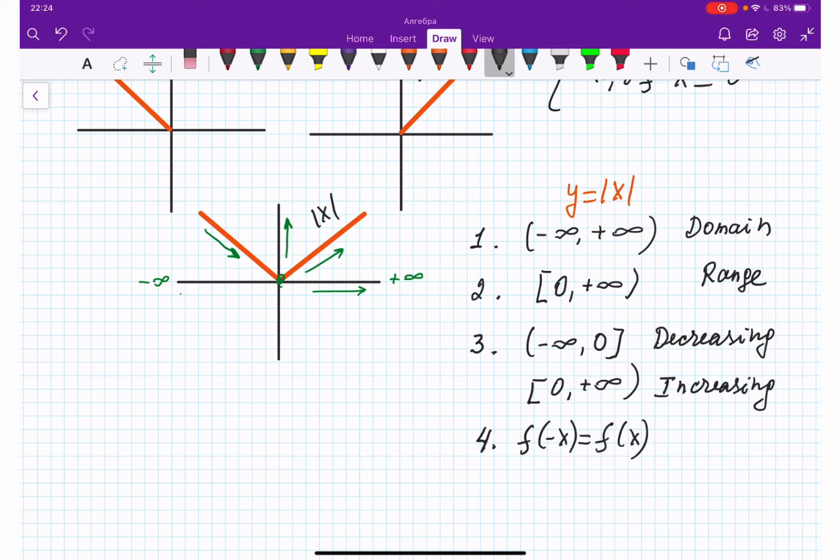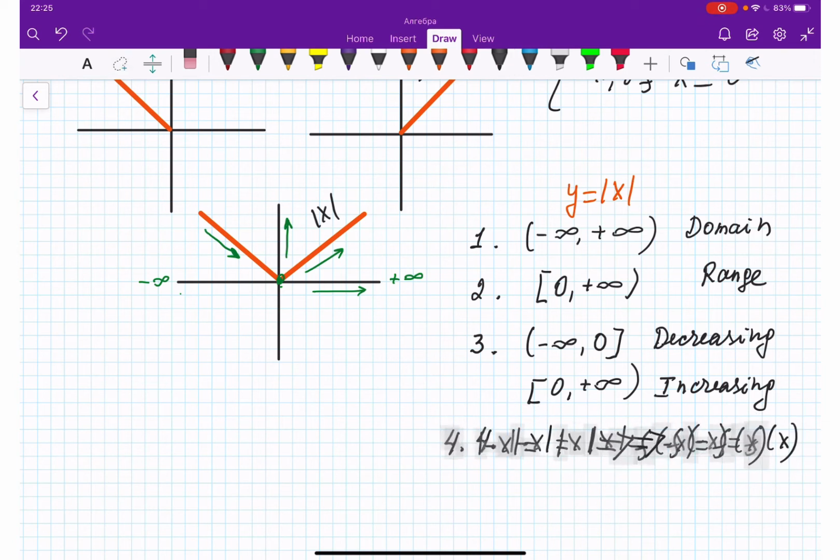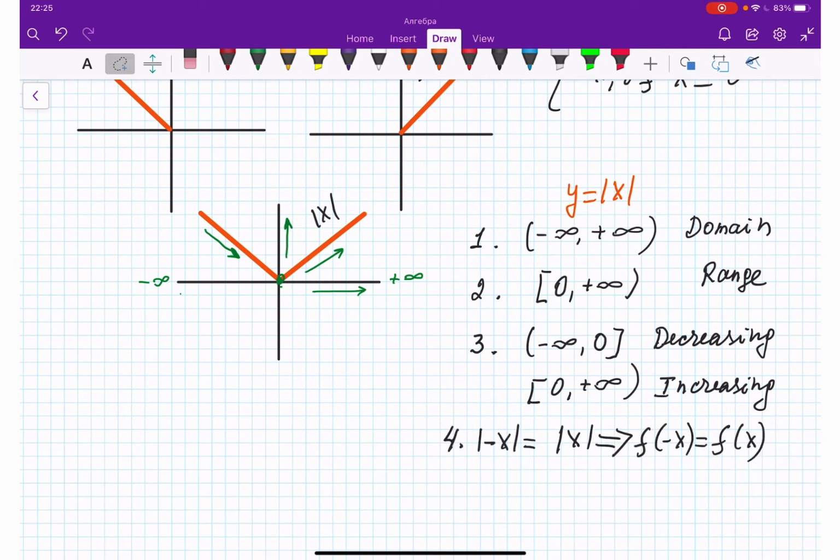Such a function is even because here we have the absolute value of negative x is equal to the absolute value of positive x. So hence we can say if the absolute value of negative x is equal to the absolute value of positive x, hence we can insist that the function is even.